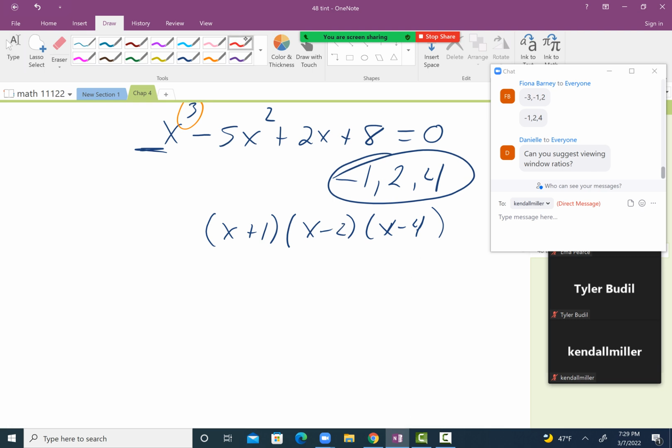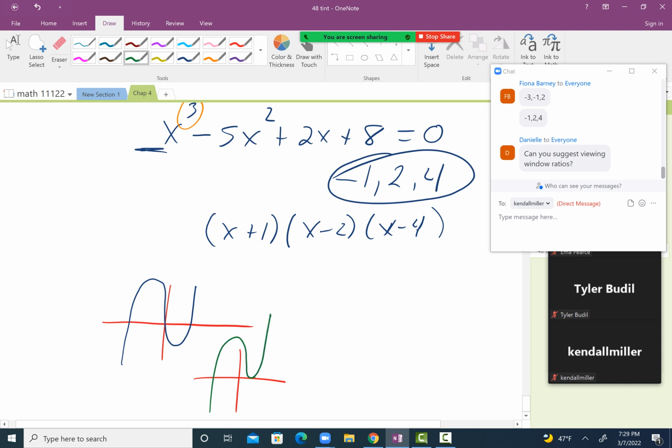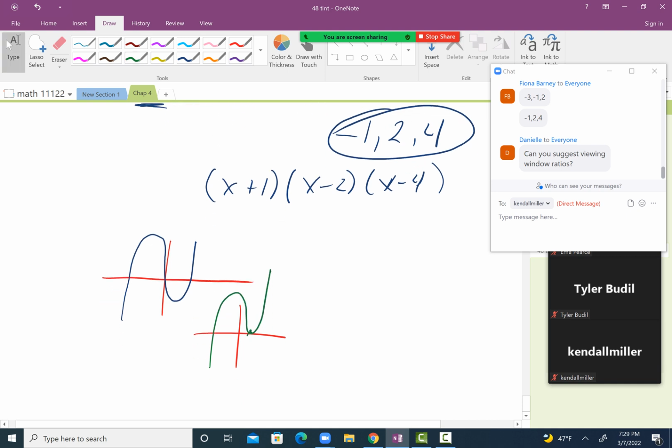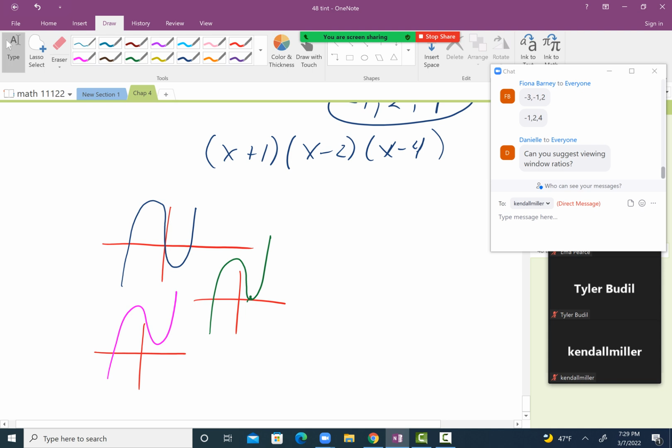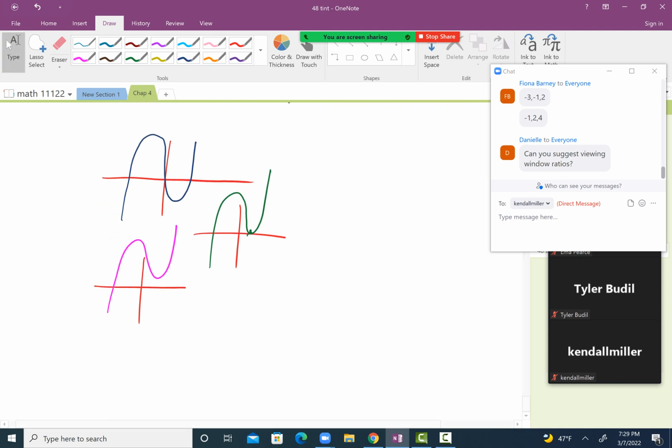So I want to go back and talk about something we talked about on Wednesday, and that is, if we take a third degree polynomial, it could have 3 x-intercepts, or 2 x-intercepts, where this one's a double root, or we even had that possibility where we could have 1. Now, here's what's important in this situation, and in all polynomials.